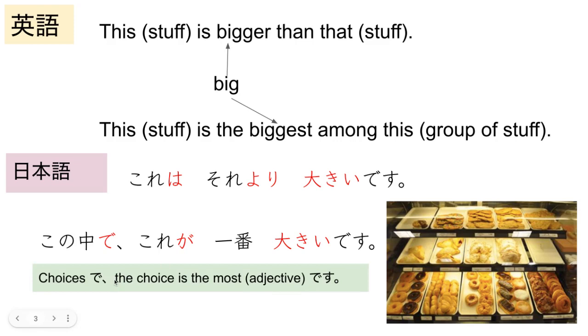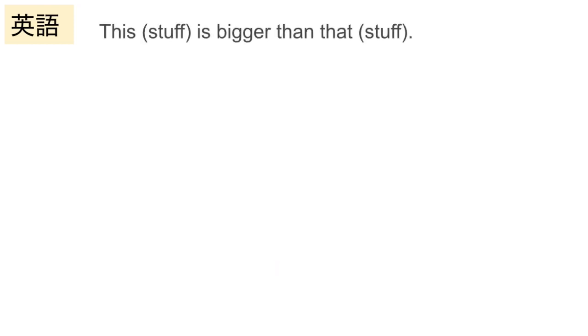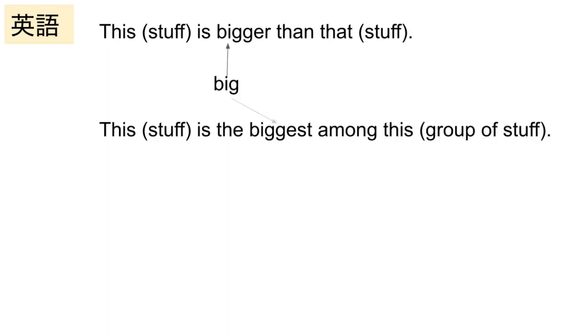Even more so, this choice の中で the most, 一番小さいです。一番大きいです。So you just add the most as 一番.